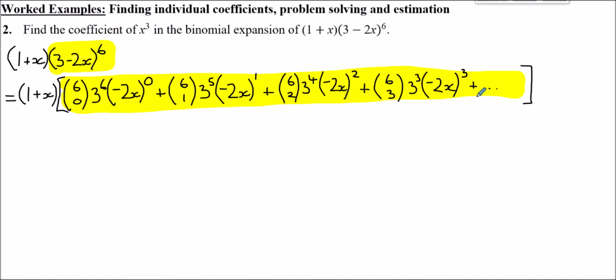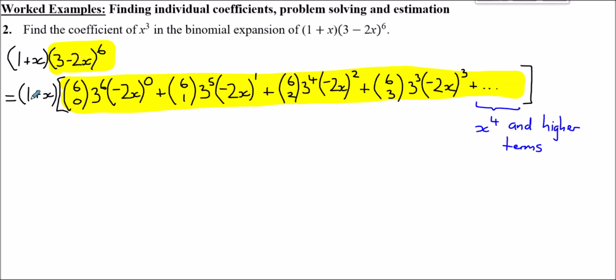So after this term in x cubed, all the rest are going to be terms in x to the power 4 and higher, which we don't need to consider. Because if we multiply something where it's x to the power 4 by a 1 or an x, it's not going to give us anything in x cubed. So this bit here we're not bothered about at all.